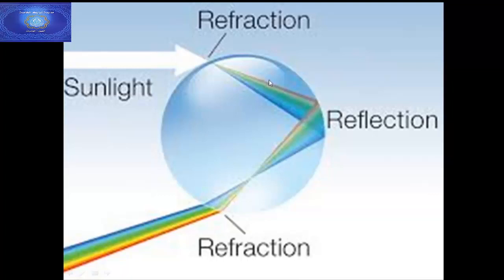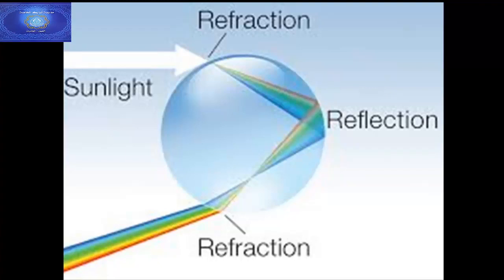This is called refraction. The angle of bending is different for the various colors of light: red, orange, yellow, green, blue, indigo, and violet.